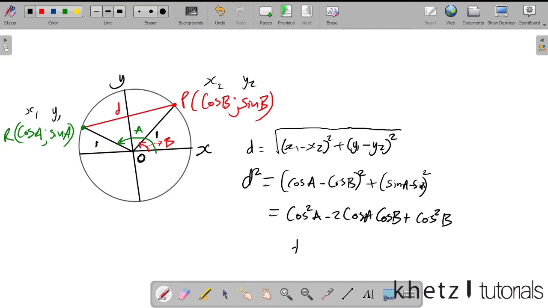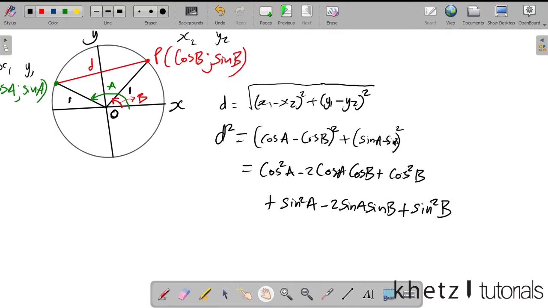So you're just basically going to have sine squared A, subtract 2 sine A sine B, and then you're going to square the last one as well. So now from this, you'll see that you have cosine squared A, and you have your sine squared A.